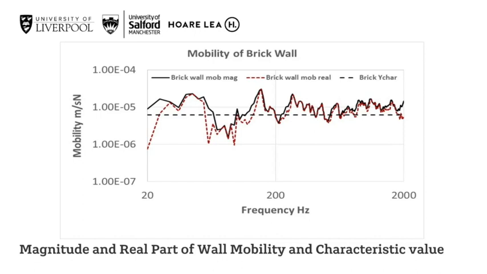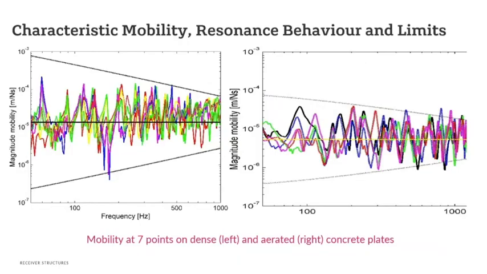Okay, so moving on. We've also got some historical measurements that have been done on actual structures. These are concrete plates and also some E-rated concrete plates on the right. In both cases, if you represent the averaged behavior, the characteristic mobility fits very nicely through the average view of the mobility plots.